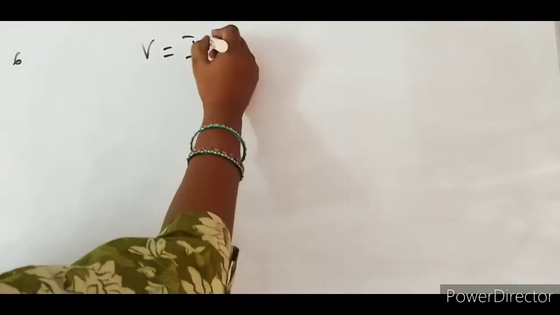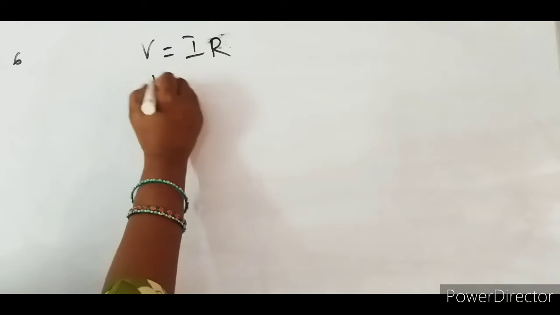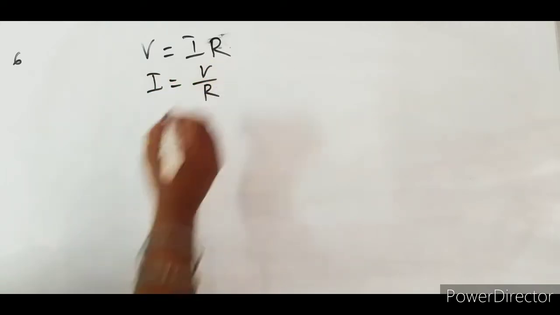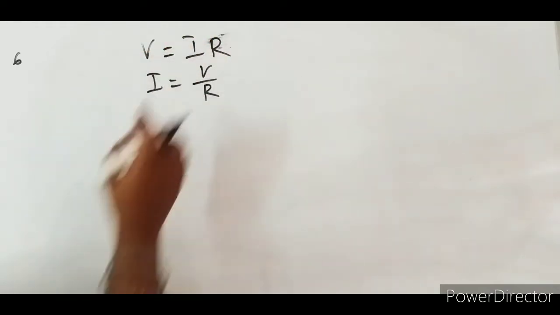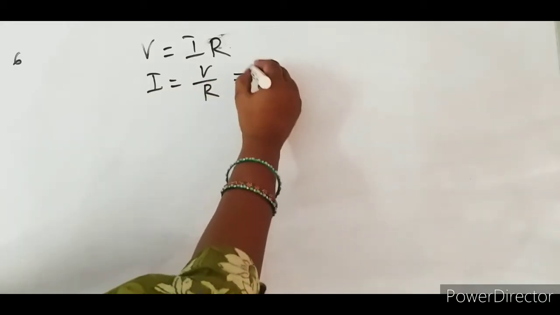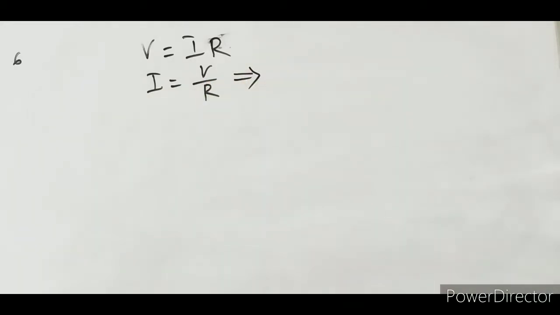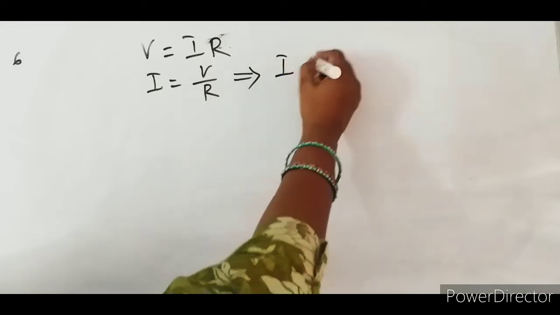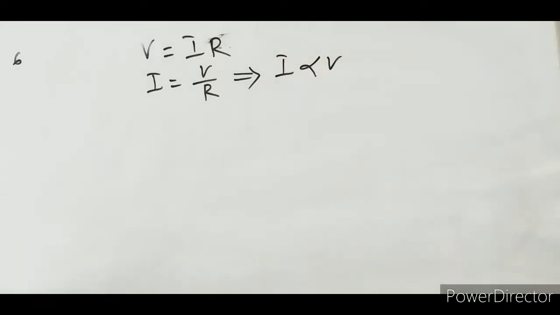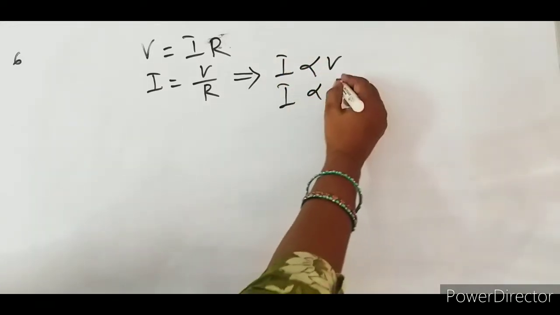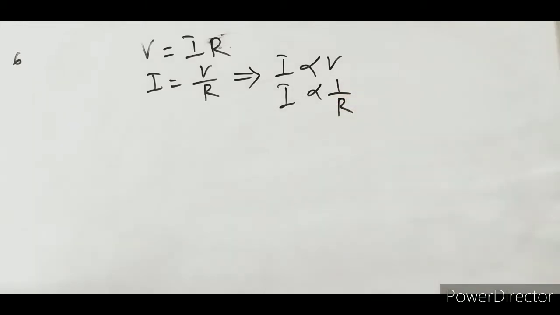So what am I getting? I equal to V by R. What is the purpose of writing this? It represents that I is directly proportional to V and I is inversely proportional to R.